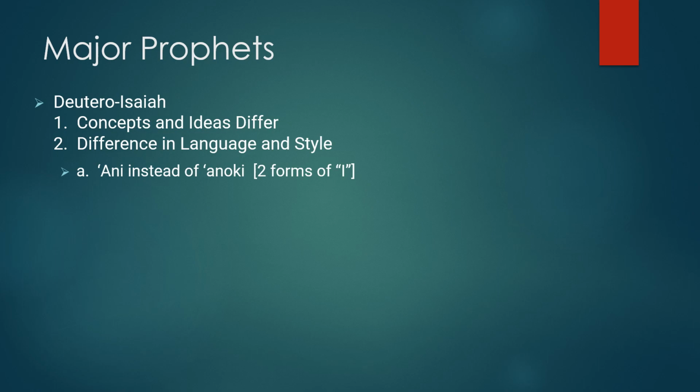Now what Alders says is that it's clear that the tendency not to use anoki in the time of Isaiah chapters 40 to 66 had not progressed as far as the time of Ezekiel, because you've got 21 times where anoki is used in the second part of Isaiah, chapters 40 to 66. In other words, it would seem to indicate that these chapters are earlier than Ezekiel. So they're not in the time of the exile, but sometime prior to the exile, if you look at that kind of usage.